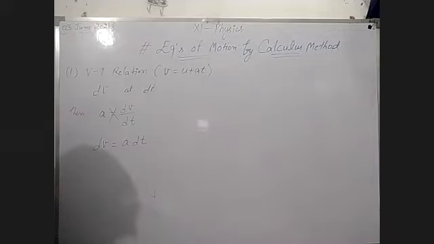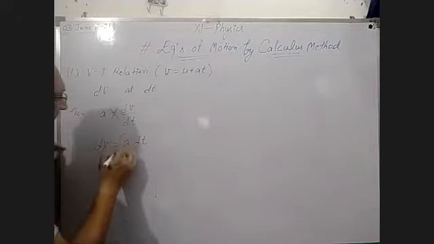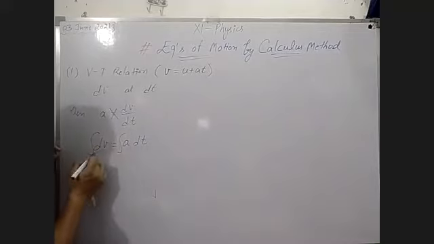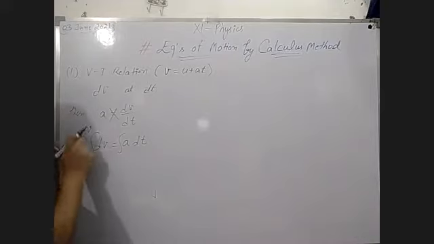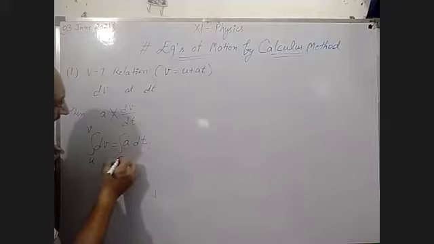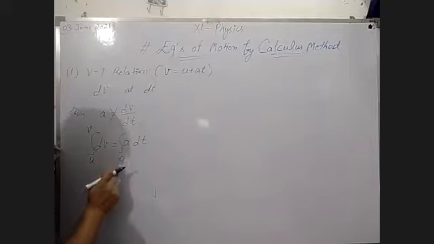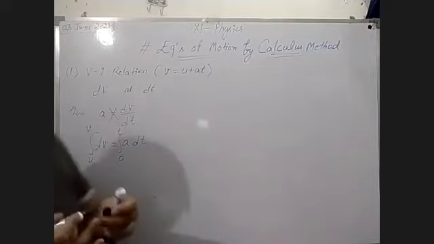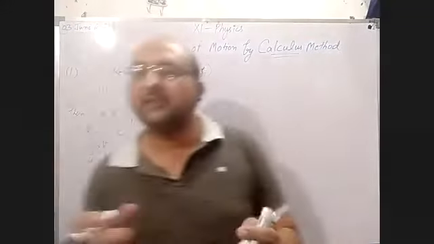You have to now integrate it within the condition of motion. Suppose we are taking the limit after integration. Suppose velocity is changing from initial to final, meaning u to v, and time is from 0 to t. An object is moving with initial velocity u and its final velocity is v.